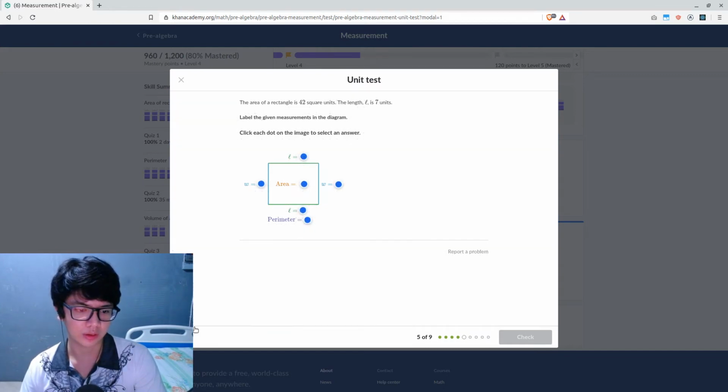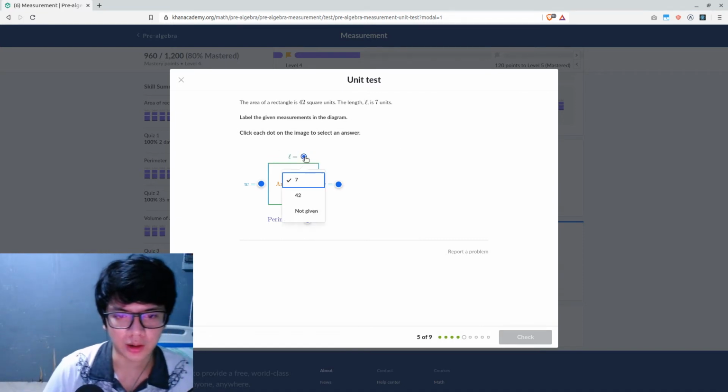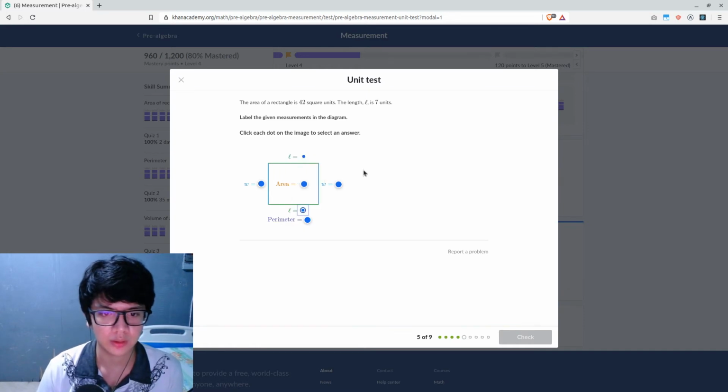Okay, they're telling me that this is 7, so let's put 7 there. The length L is 7, and then the area of the rectangle is 42. The perimeter is actually not given, so I guess it's also not given. So it's supposed to be it.